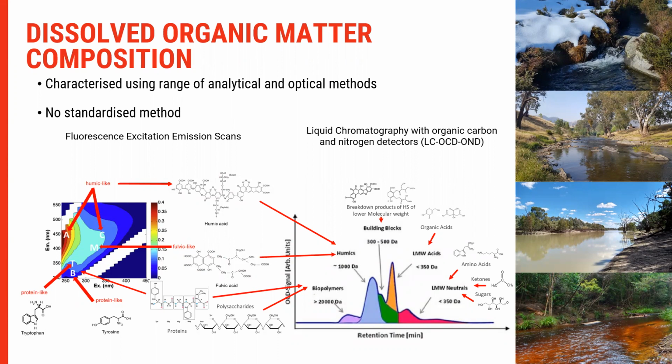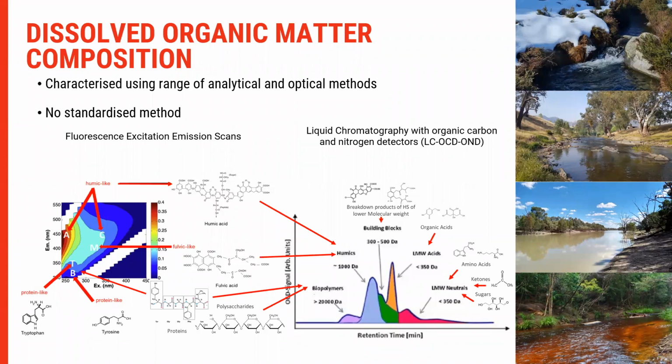I'm also going to talk about liquid chromatography with built-in organic carbon and nitrogen detectors. Basically, this works similar to all liquid chromatography. It's based on mass; the fractions elute at different times depending on their molecular weight, and it breaks it up into 6 main fractions.